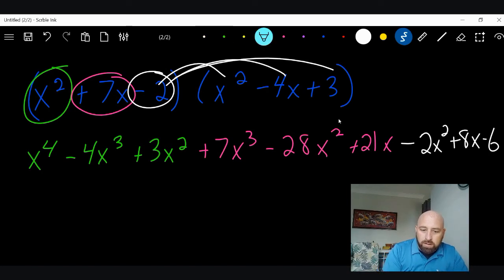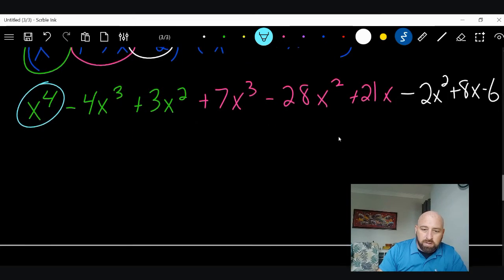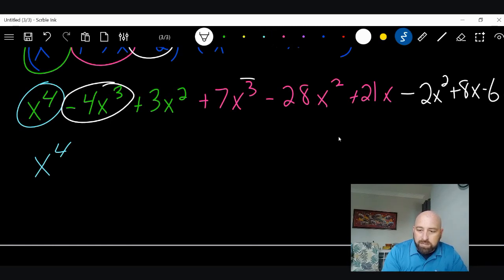Let me pick a different color here, and I'm going to find all the x to the fourth terms. I just have one, just that one, x to the fourth. There's no more. Then I'm going to find all of the x cubed terms. I have some more of those. So I have those two. So I have negative 4 plus 7, and that's going to give me a positive 3x cubed. And then I'm going to find all the x squared terms.